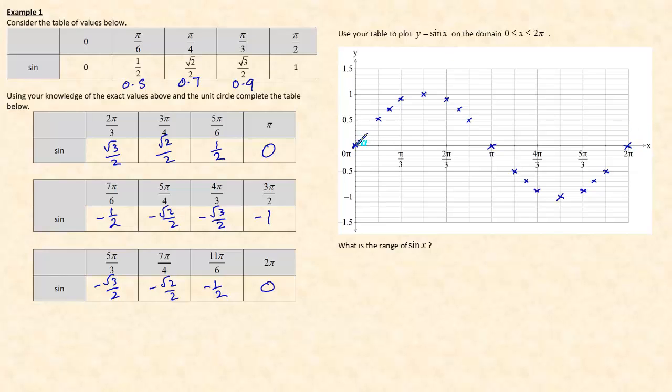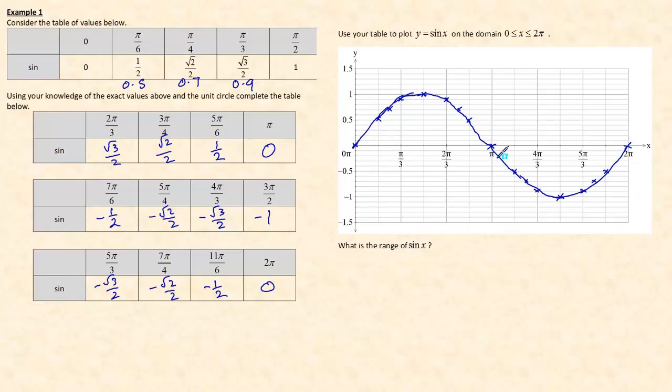And so what we need to do is try and put a curve through this. So not that easy to do on the screen I'm using, but I think that's quite reasonable.